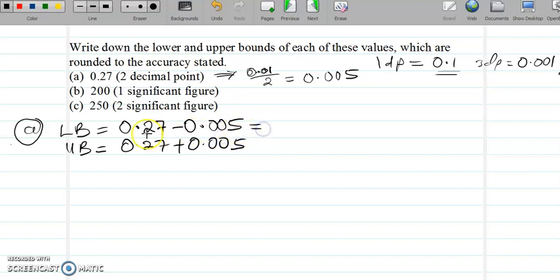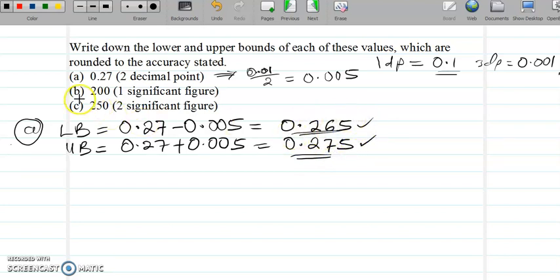So the lower bound gives us 0.265, and the upper bound gives us 0.275. So this is how we find the upper boundary and the lower boundary.